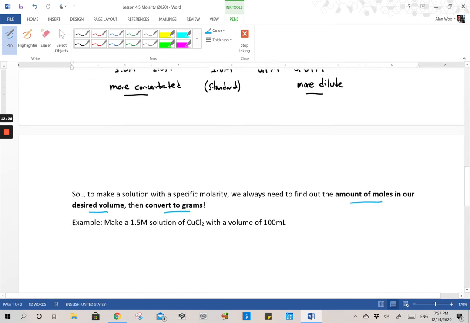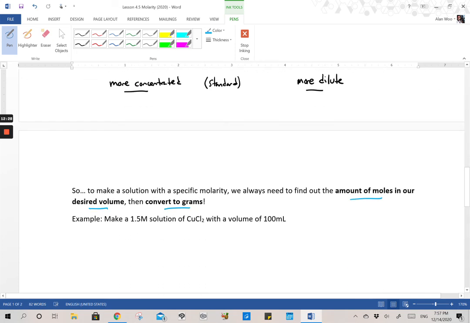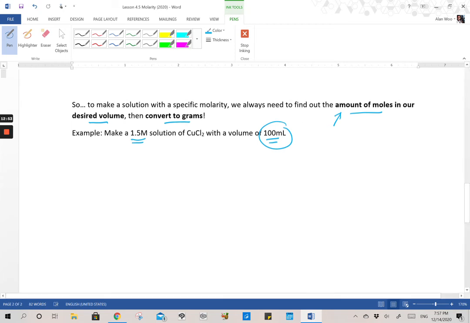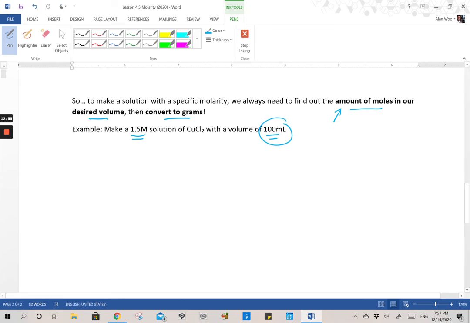But here, if I give you a concentration, let's say I want you to make a solution that has 1.5 molarity, and I want the volume of that solution to be 100 mL, well, you have to find the number of moles first. That number of moles has to be contained in this specific volume of 100 milliliters. So this is the best way to solve for this.